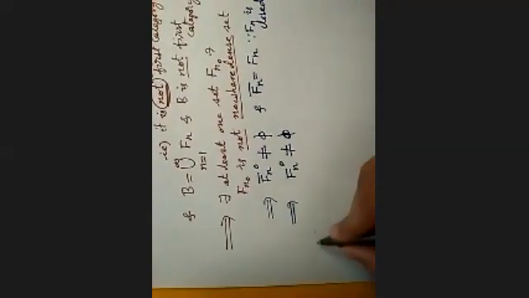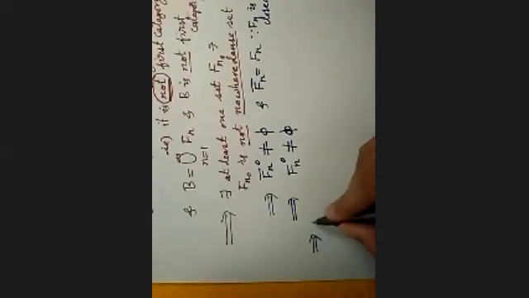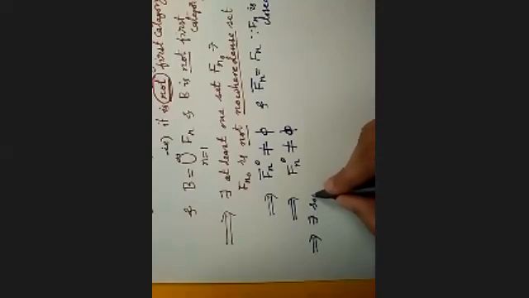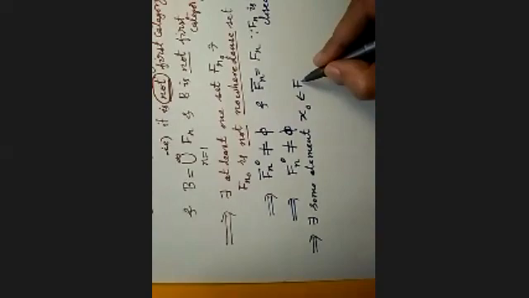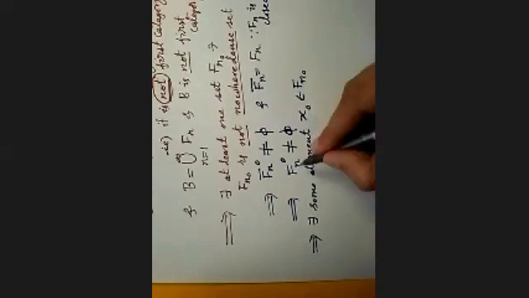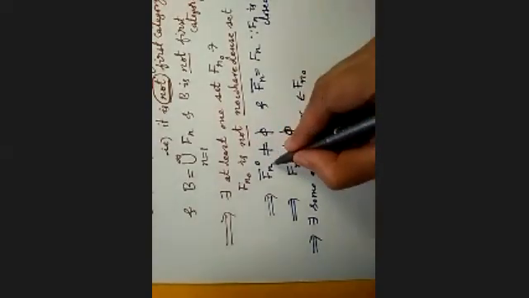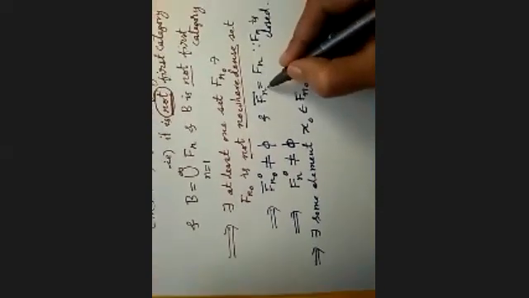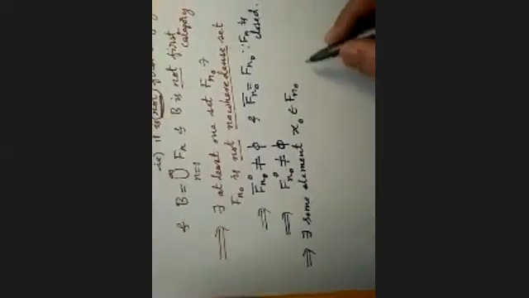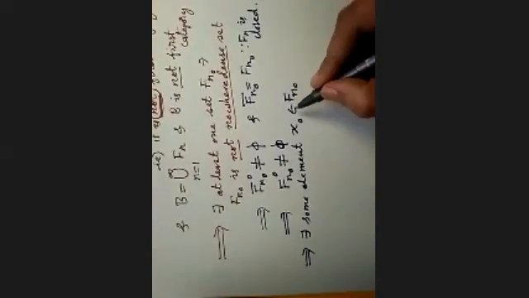This implies there exists at least one element, we'll call it x naught, belonging to the interior of Fn naught. Here also naught should come.